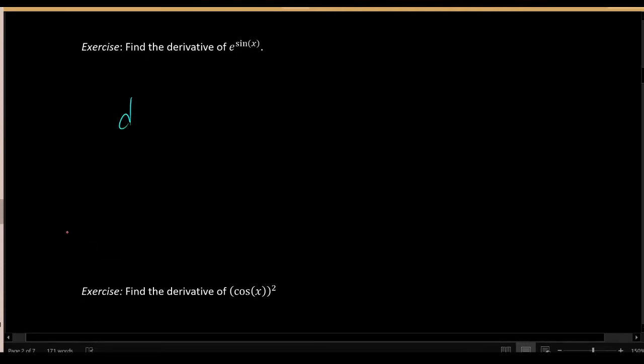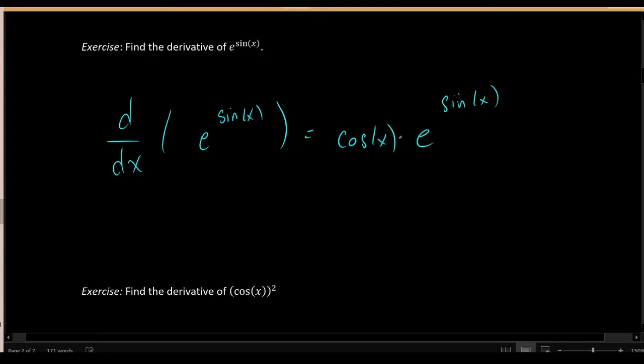So this is a prime opportunity to use chain rule, and in particular the chain rule shortcut formula that we studied when we specifically had e to the something. The derivative of e to the something was copy-paste e to the something and multiply by the derivative of that something. In this case, cosine is the derivative of sine.